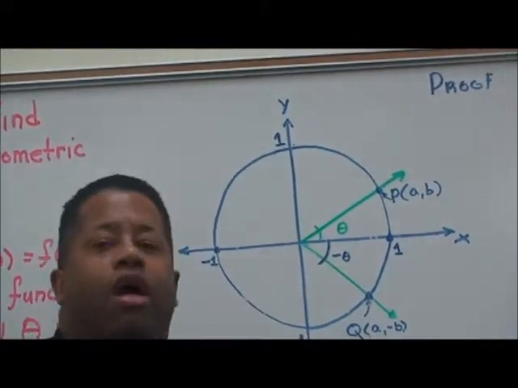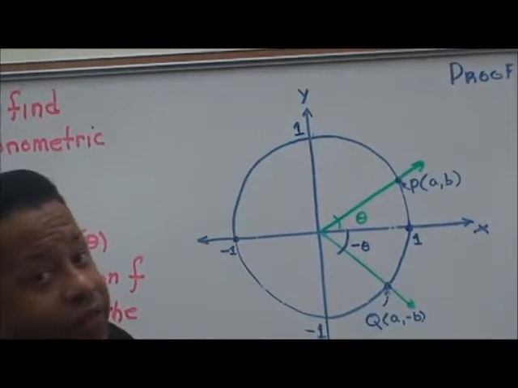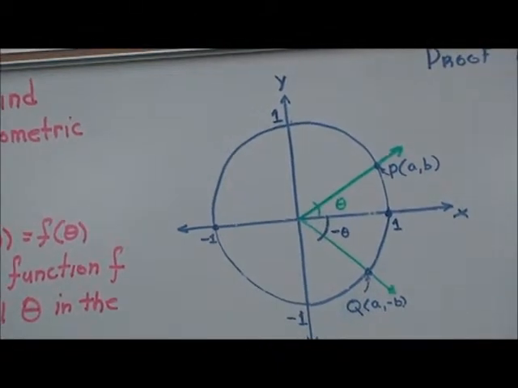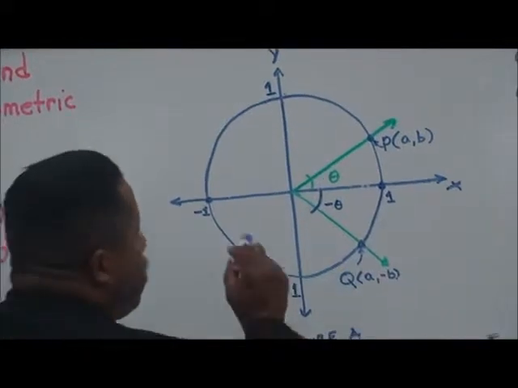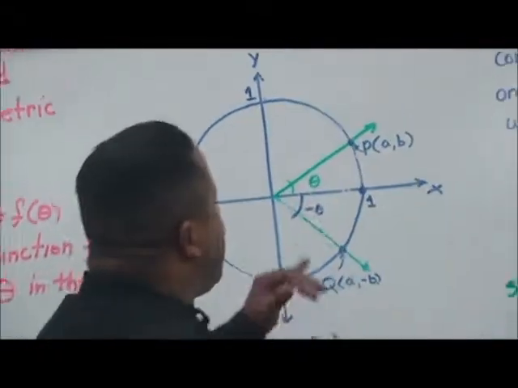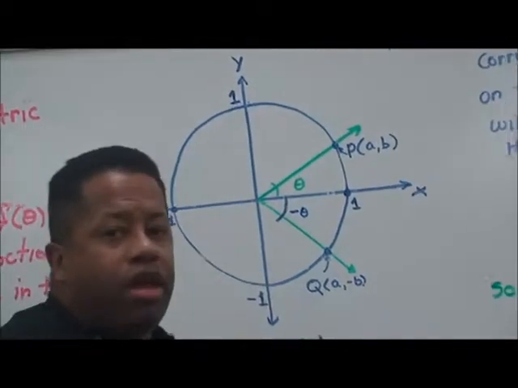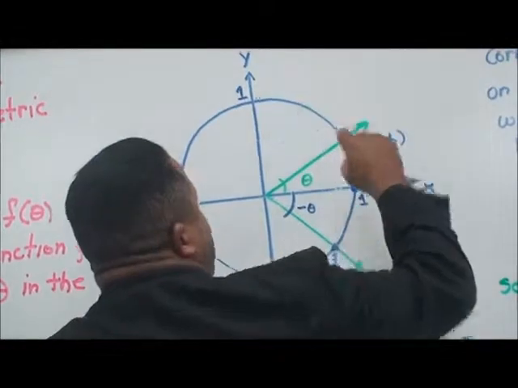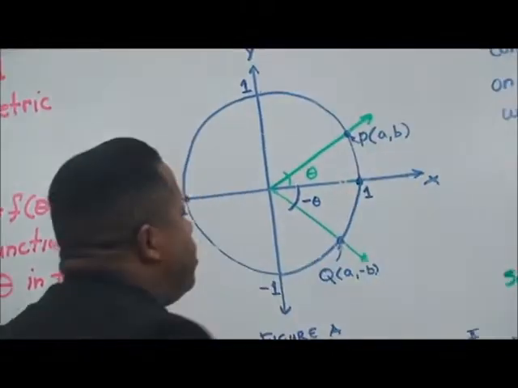Now, let's look at cosine. Sine is an odd function, according to the theorem here. Let's look at the even function cosine. If cosine theta has an angle, say cosine 30 degrees, remember all trigonometric functions are positive in the first quadrant.